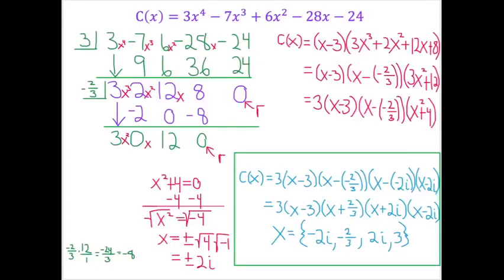And then finally, how to use synthetic division to break down your polynomial to a lower power with a goal of getting it down to a quadratic where you can solve it somehow.